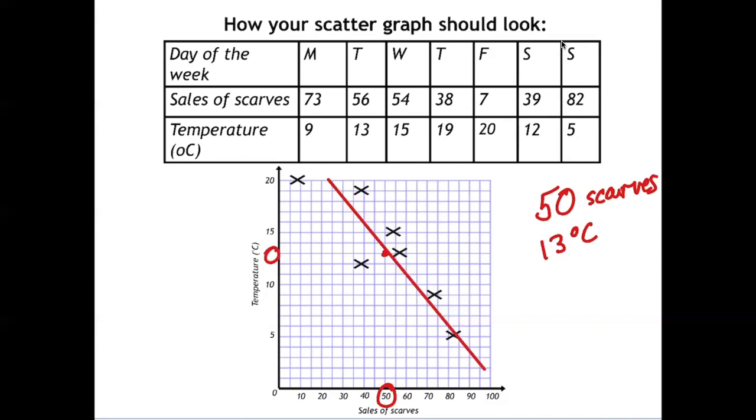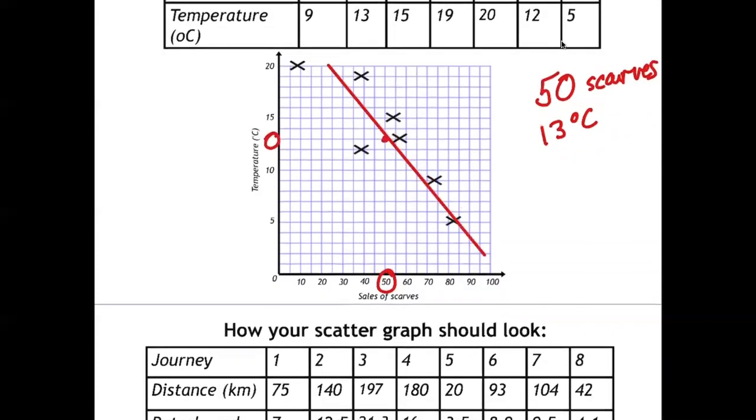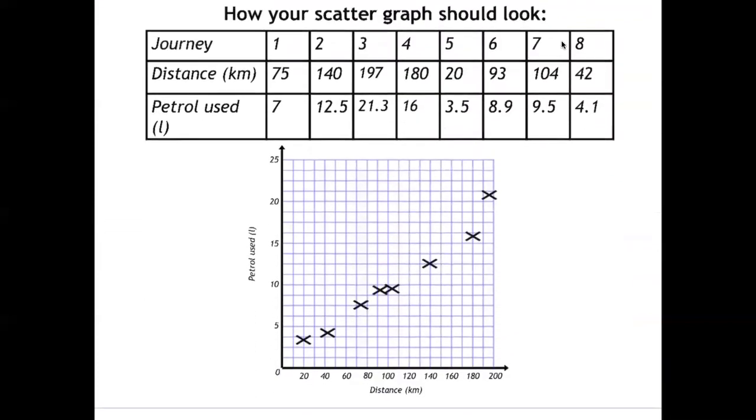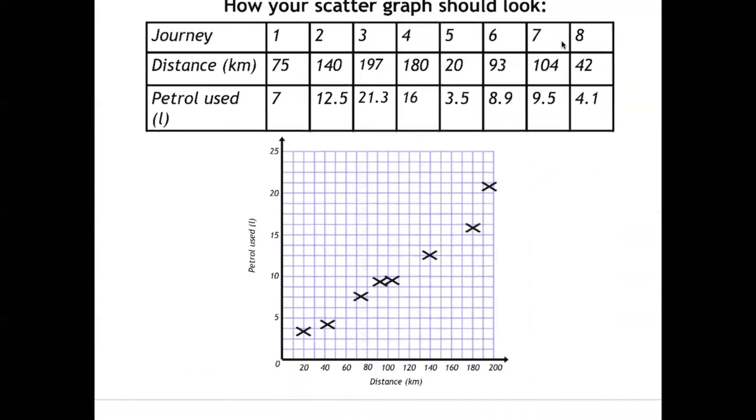Okay, so now let's repeat the same task on the next graph. This is the one with the journey and the distance and the petrol used. So pause the video. You're going to find the average distance traveled and the average amount of petrol used.